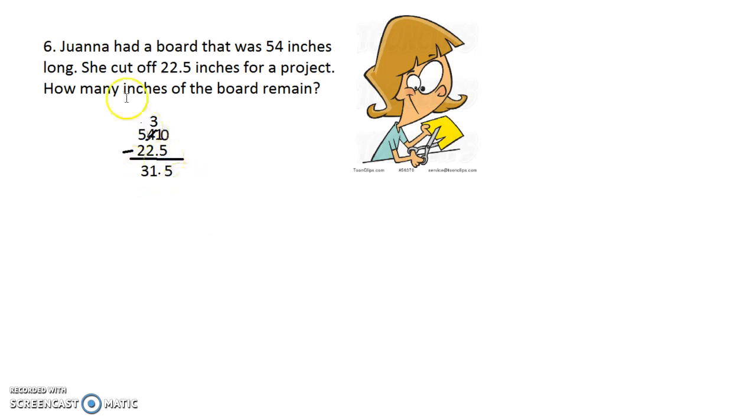And that should be our answer. She cut off 22.5 inches, so how many inches of the board remain? Well, 31.5 inches, right? That's how much remains. Good job, Juana. Good job. That's our answer. All right, I think that's going to be it for today. So 1 through 6.